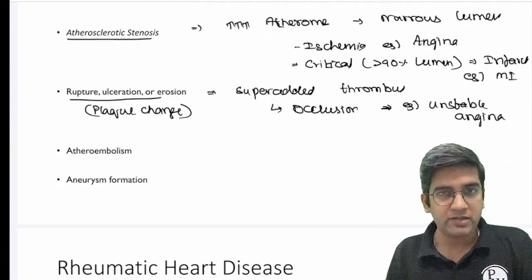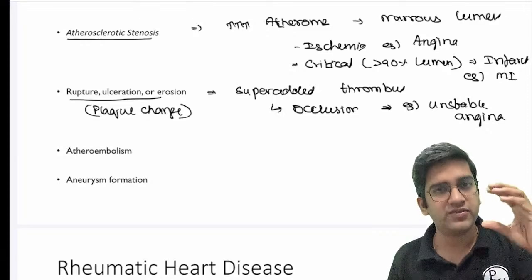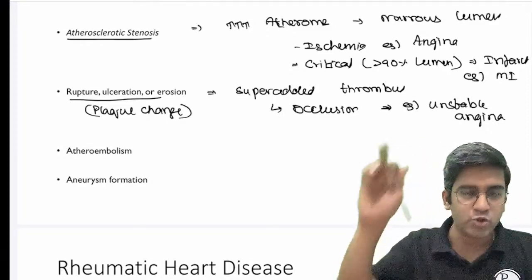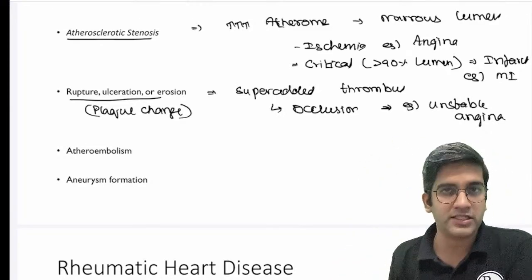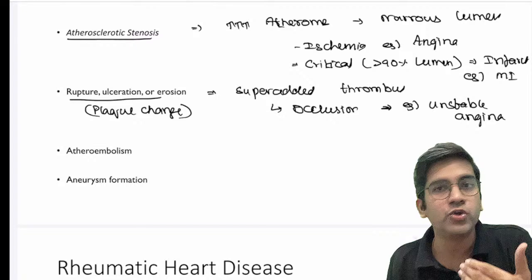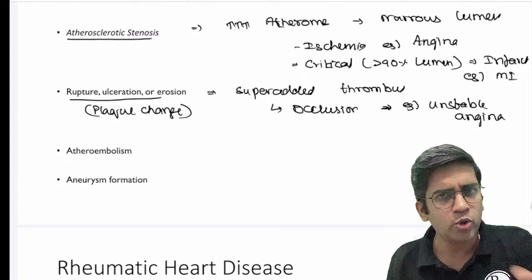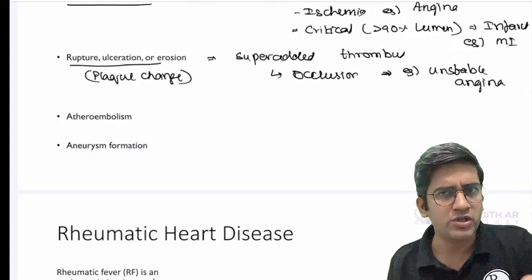If they're asking for 5 marks, write at least 3-4 lines for rupture alone. Draw a diagram of how a superimposed thrombus comes, why it's called unstable, it's a sudden change. There's a possibility the atherosclerotic plaque, which is very unstable, can break and go anywhere.